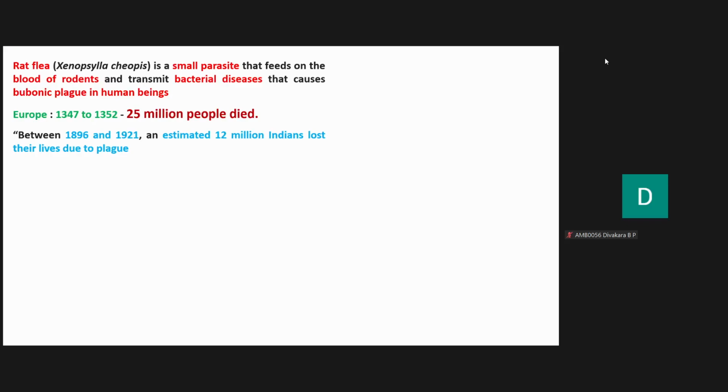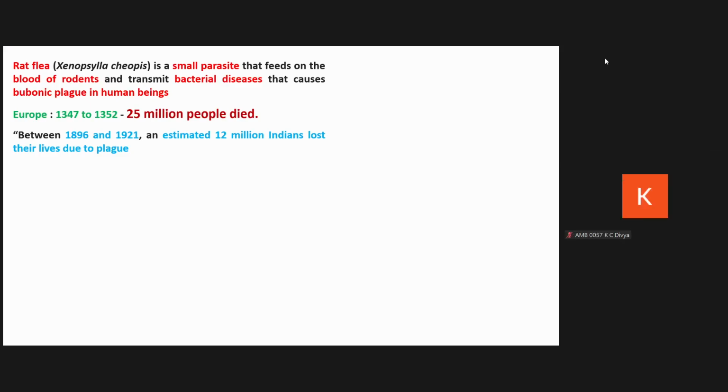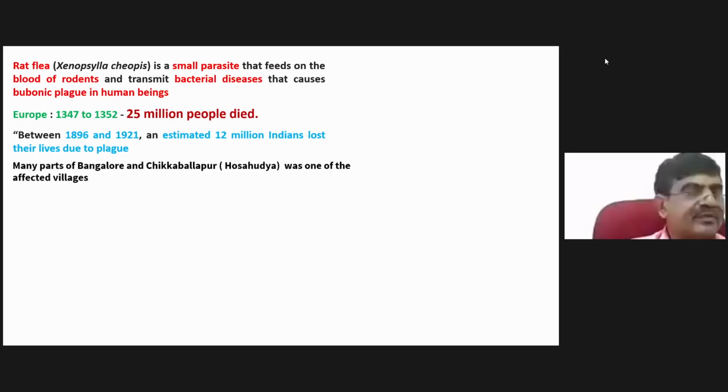Similarly, in India, between 1896 and 1921, an estimated 12 million people lost their lives to this plague disease. So you can see in olden days, that is in the 18th and 19th century, there were around 12 million deaths due to this plague that is transmitted by the rat flea.